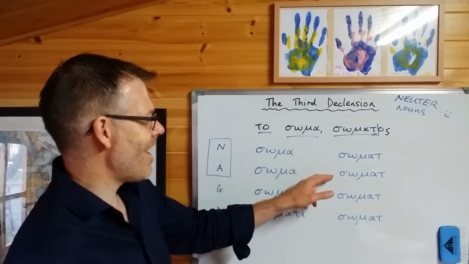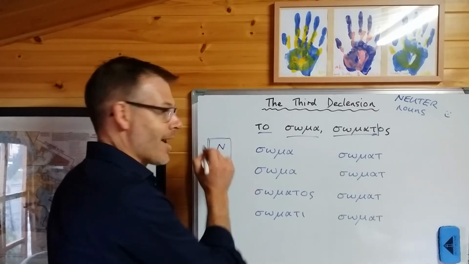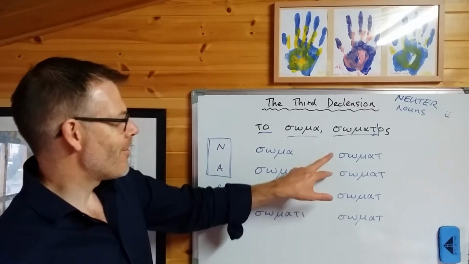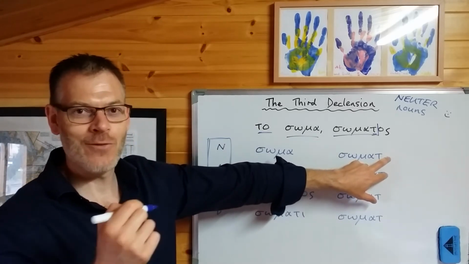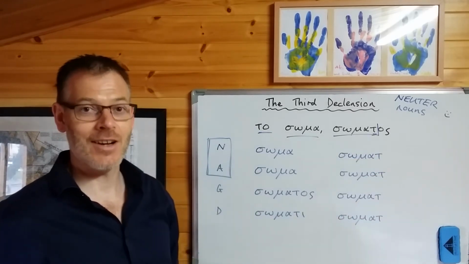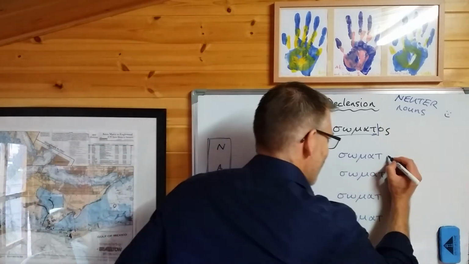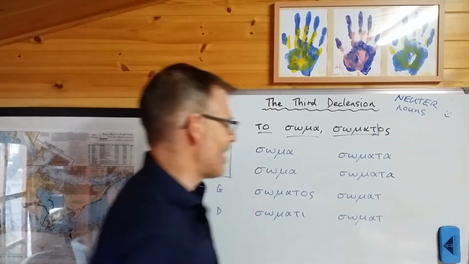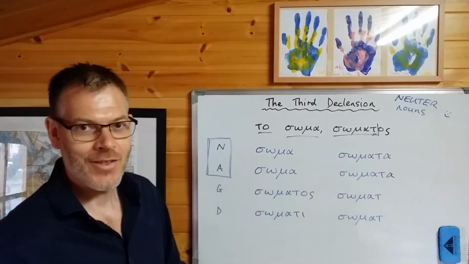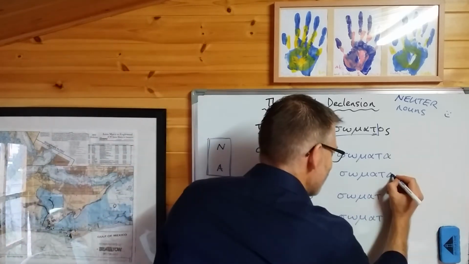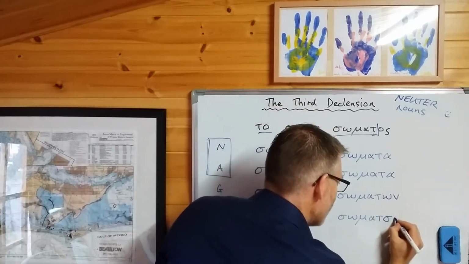The endings here, which of course will be the same as each other, because neuter nouns, nominative and accusative are the same, are the same as the endings that you get in the neuter nouns you've already learned. Nouns like ergon. Ergon, ergon, ergou, ergo, erga. So somata, somata.